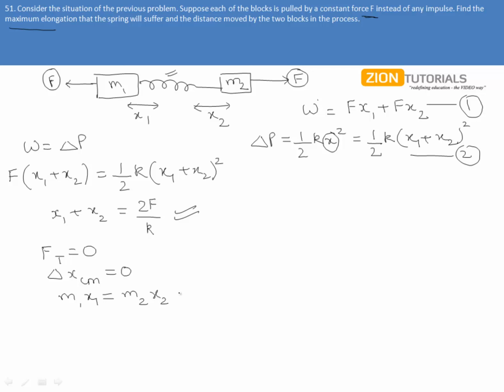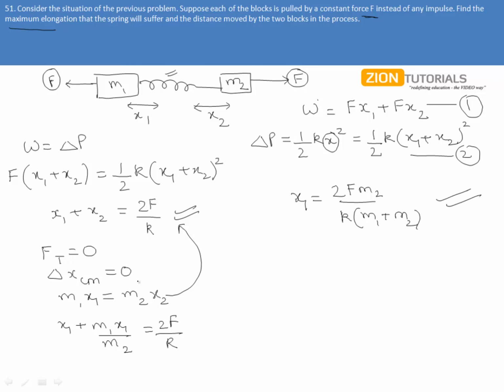Now let us put the value of x2 from this into the previous equation, which gives us x1 plus m1 x1 by m2 equals 2F by k, giving us the value of x1 to be 2F m2 upon k times (m1 plus m2).